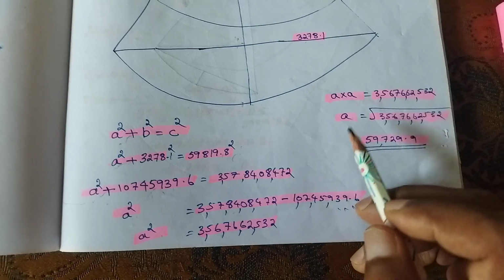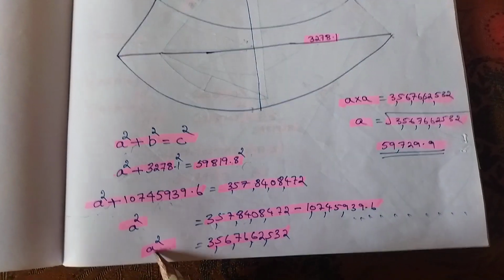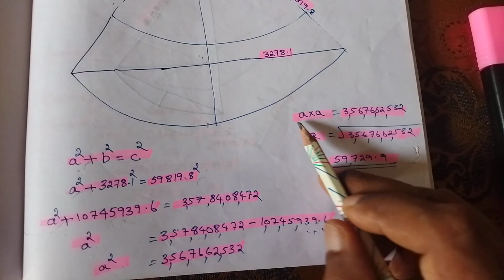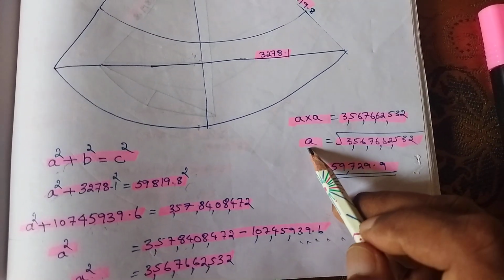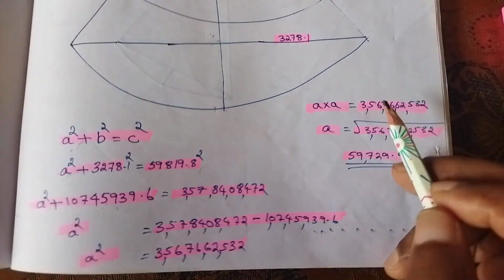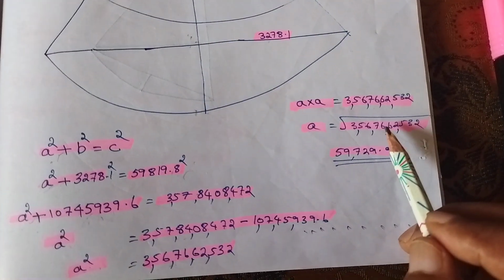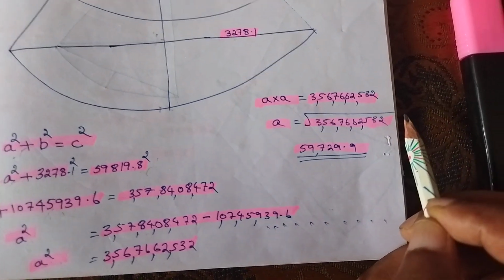But we have to find out A. A into A, or A square, is this much. We have to find out A only. If A square is this much, its square root has to be found out. For finding the square root, we have to make this sign.